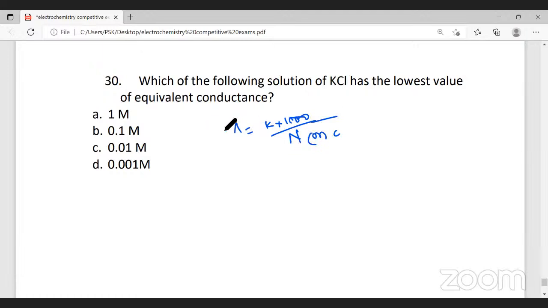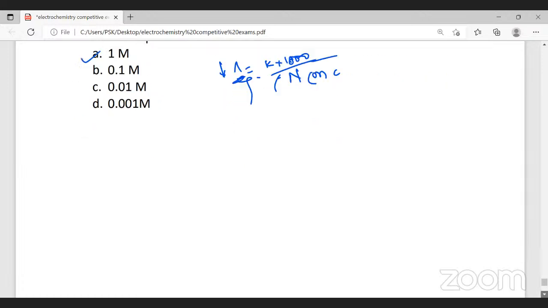Since concentration is in the denominator, the higher the concentration, the lower the conductance. Hence, the answer is option 1. Equivalent conductance is inversely proportional to concentration. As the normality is more, the conductance will be less.